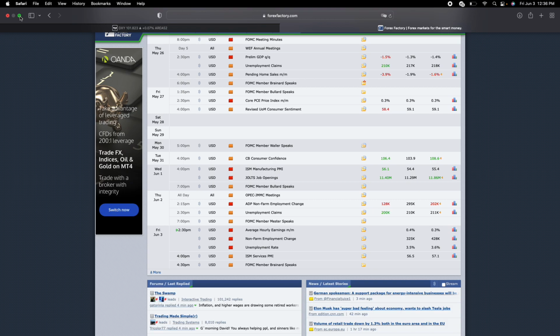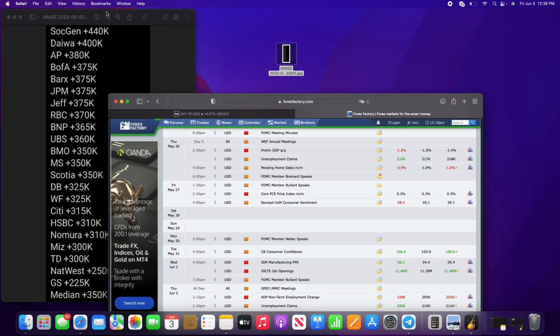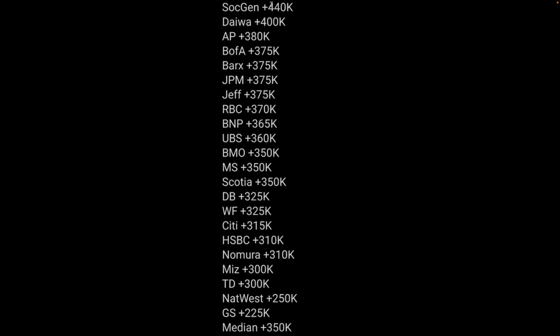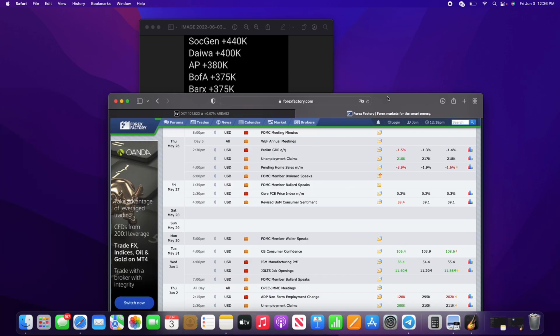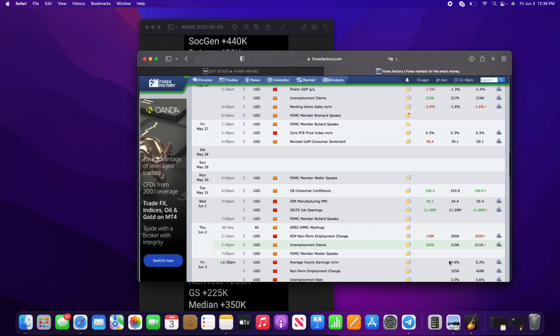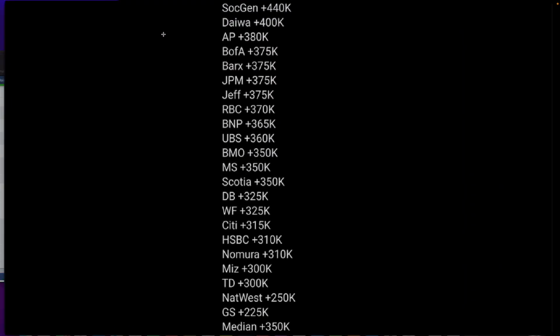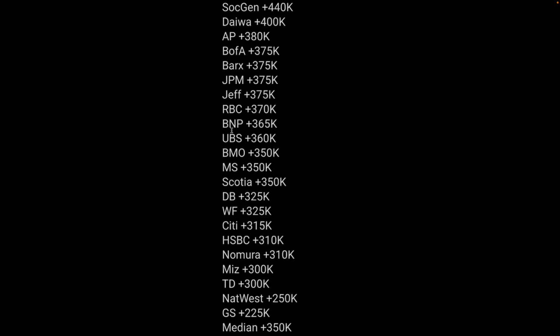Next up, we are going to look at what the big banks are forecasting the NFP to be. You can see here we have a lot of banks, and if you look at the expectation of 325k, we have a lot of banks forecasting the NFP to be higher than expected.